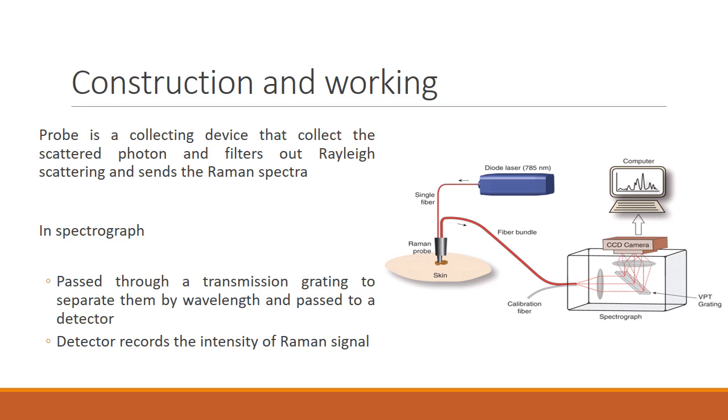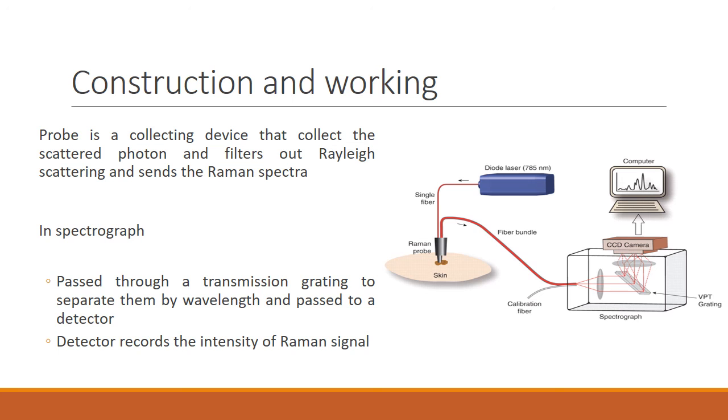As I already explained, the Rayleigh scattering is removed by filtering out the spectrum which has the same wavelength as that of the incident photons, and then you get the Raman spectrum, which is passed on to the spectrograph.